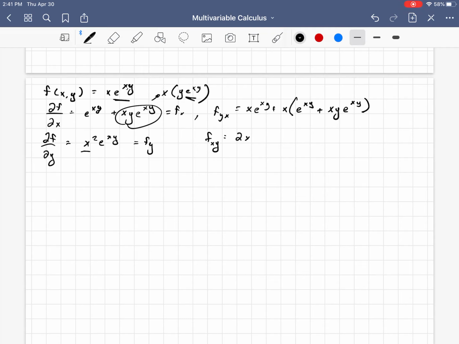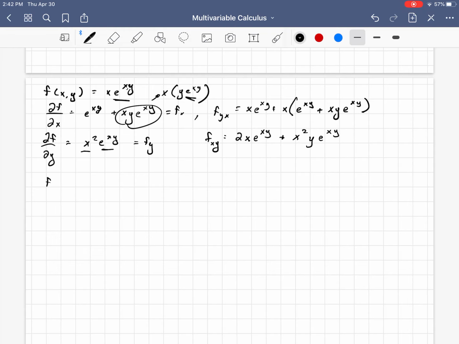So that gives me a 2x e to the xy plus, now I take the derivative of that with respect to x, and I get an x squared y e to the xy.